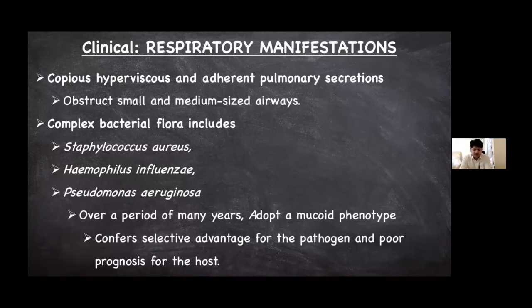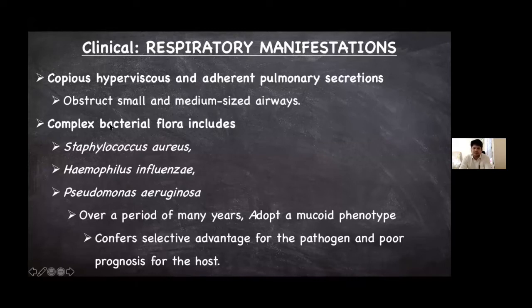It's a bronchiectatic presentation, which we learned in the previous chapter. One of the problems with cystic fibrosis is copious, hyperviscous and adherent pulmonary secretion, which can obstruct small and medium sized airways, leading to further bronchiectasis or obstructive lung pathology.